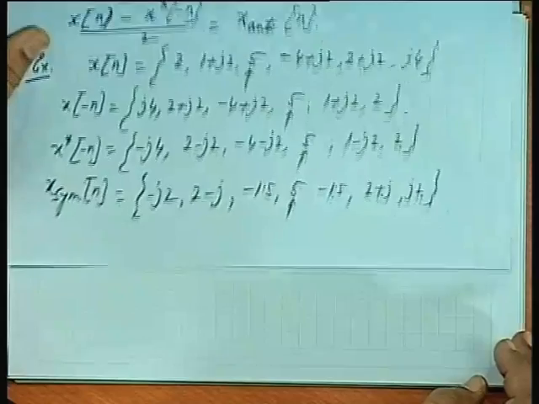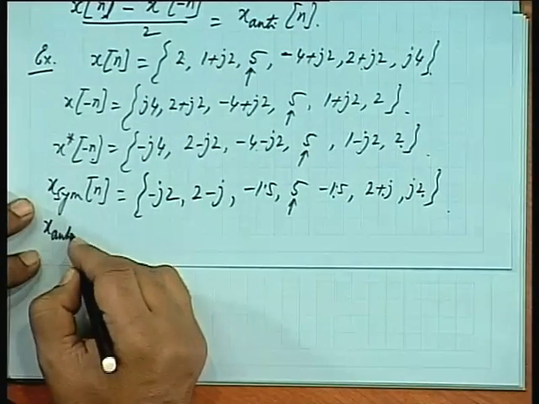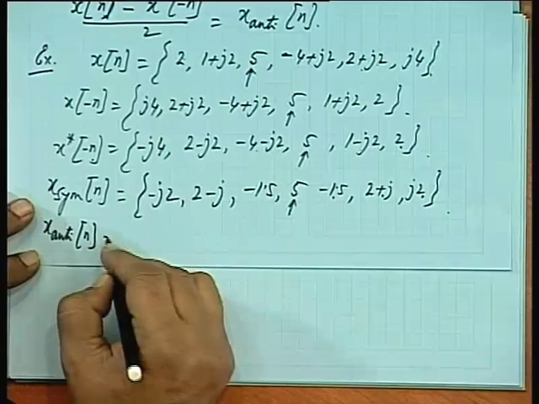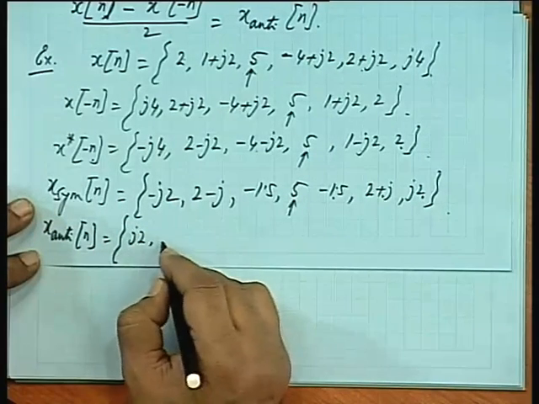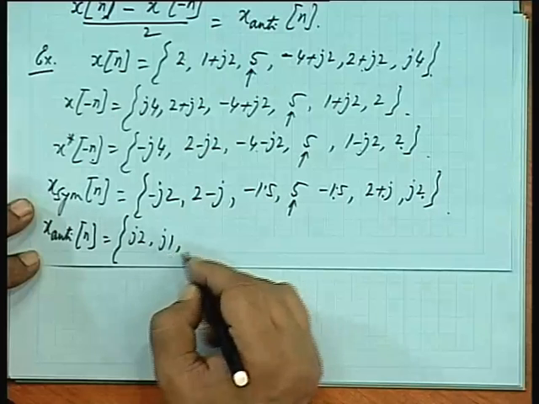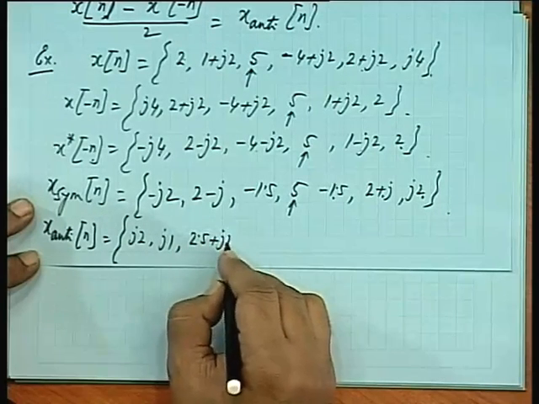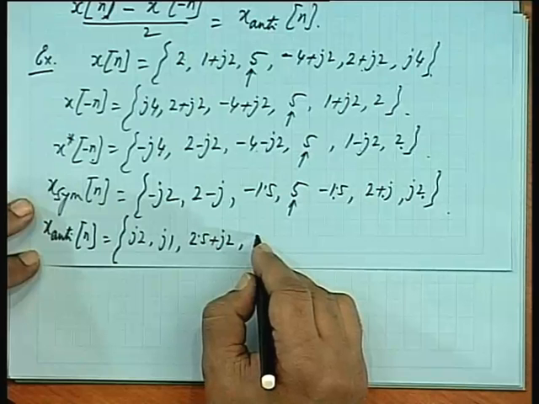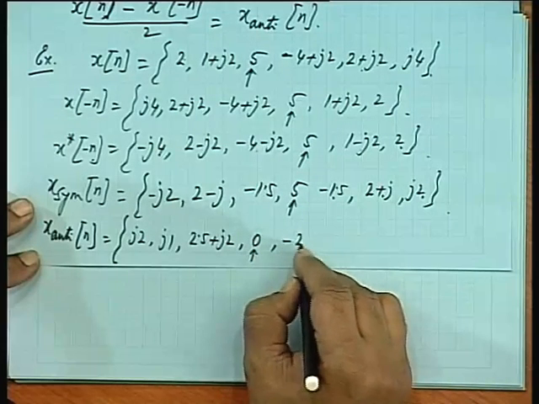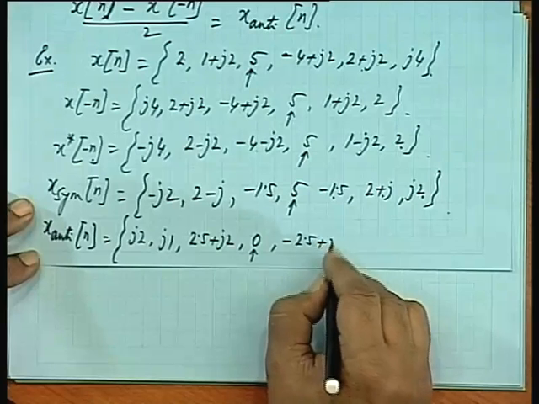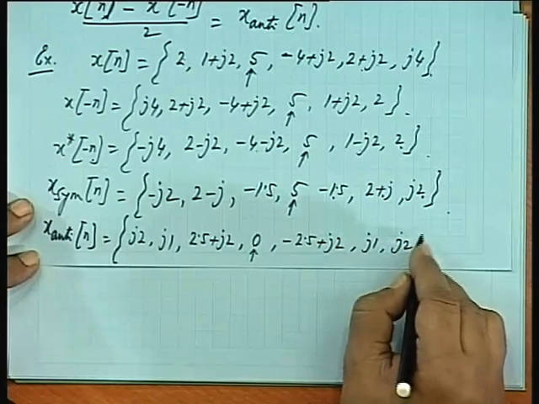Similarly, the anti-symmetric component, you can see for yourself: j2, j1, 2.5 plus j2, then 0, then minus 2.5 plus j2, then j1, j2.